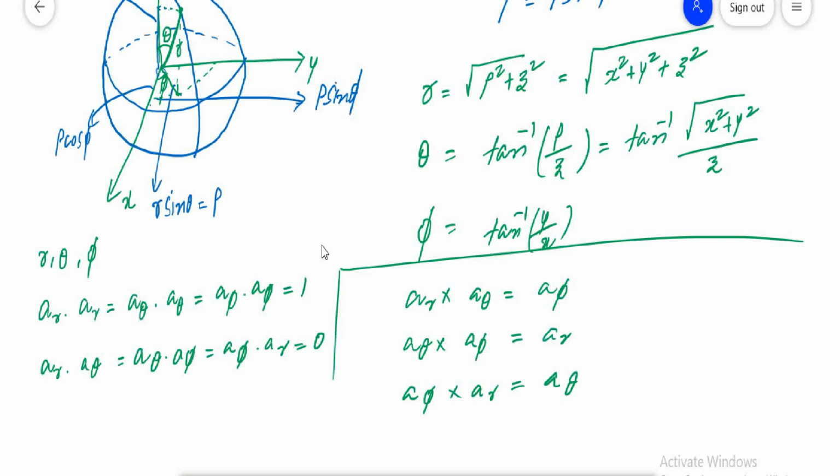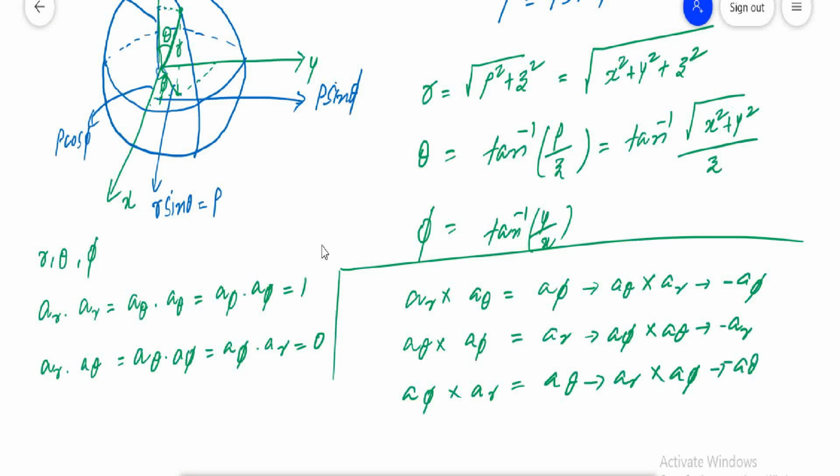And a theta cross ar becomes minus a phi, a phi cross a theta is equal to minus ar, and ar cross a phi is equal to minus a theta. So with respect to the orientation, the sign changes. Ar cross a theta becomes a phi, a theta cross ar is equal to minus a phi.